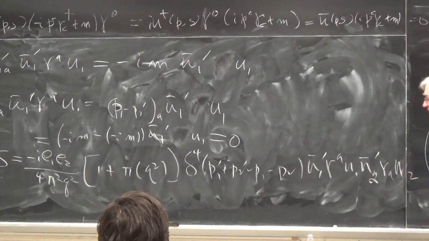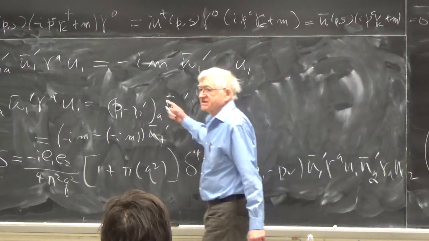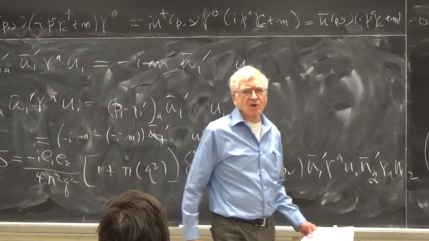Okay, so that's the formula after you've made use of these identities. Okay, and we should quit because we're over time.